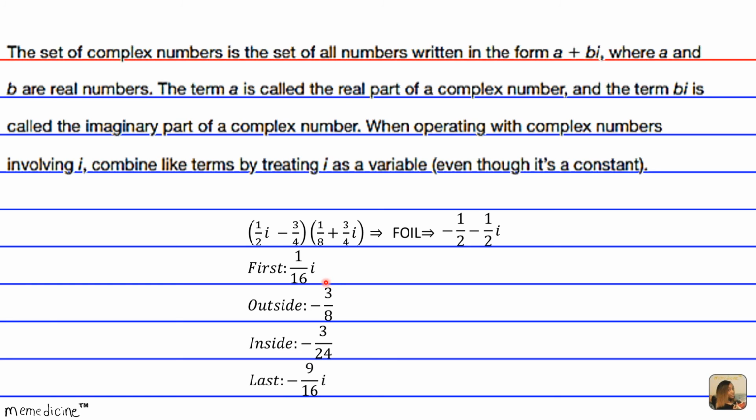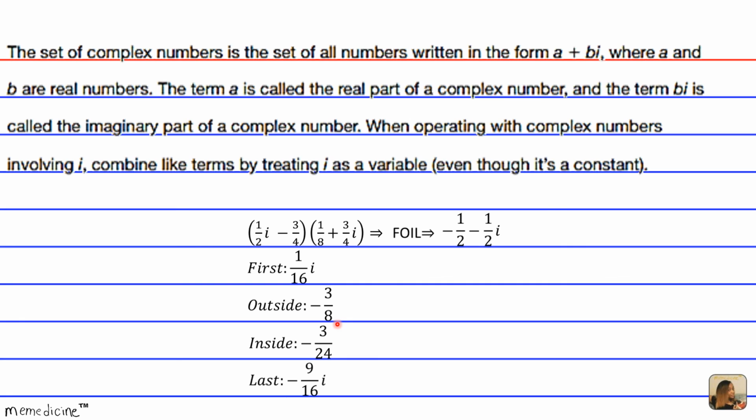And when we finally combine like terms, we're going to yield negative 1/2 minus 1/2 i. So for the a term, negative 1/2 came from adding negative 3/8 to negative 3/24. In order to do this, we had to scale up our 3/8 by 3 in the numerator and 3 in the denominator.